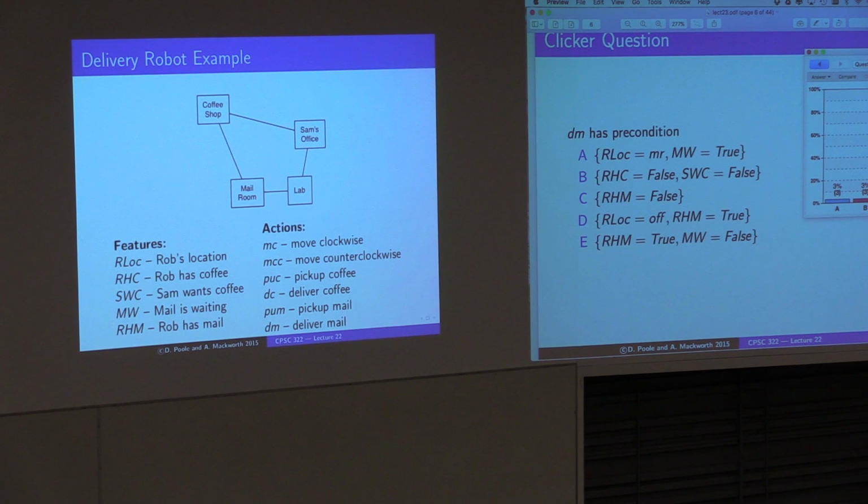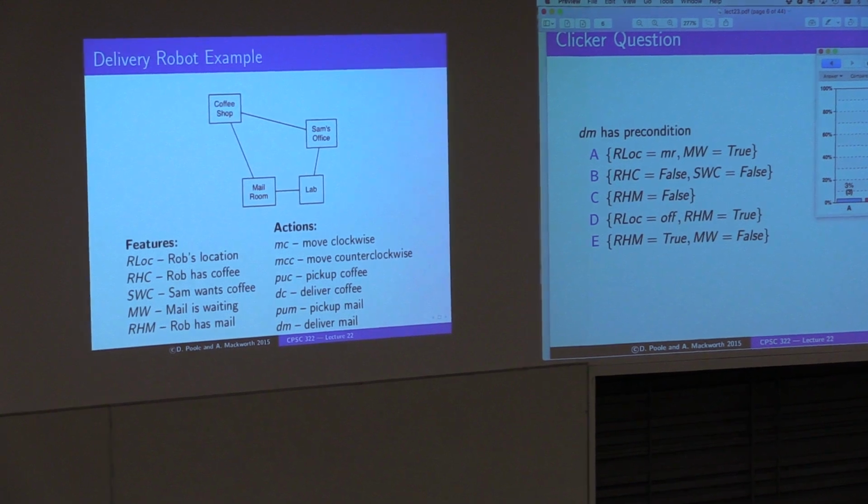Well, here we only have actions. We don't have exogenous actions that occur outside. But it could be the case that it starts off holding the mail and there's still mail waiting, so we don't exclude that. Pretty soon we're going to get to the case where we have outside actions that actually affect the world, but right now we have a very simplified domain. Any other questions?